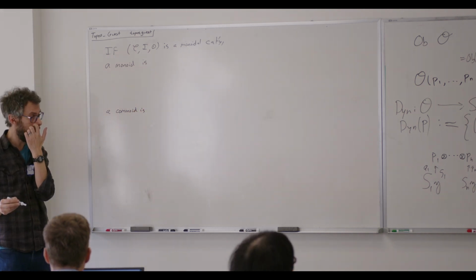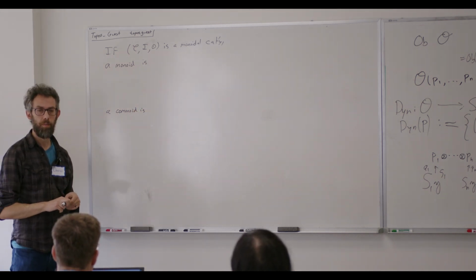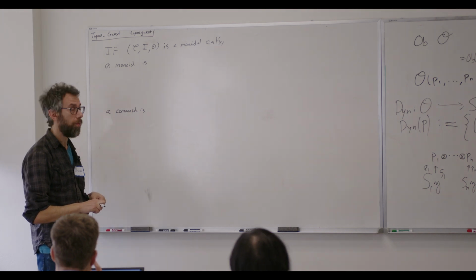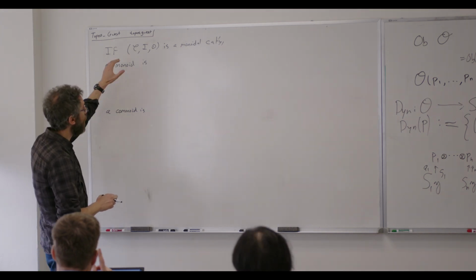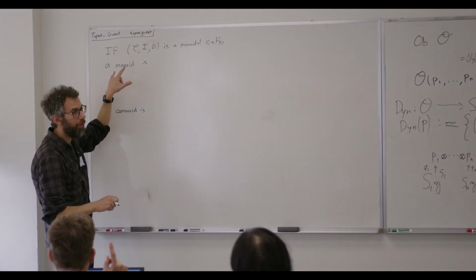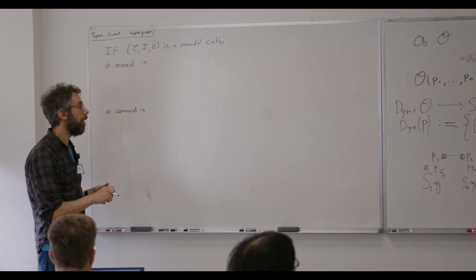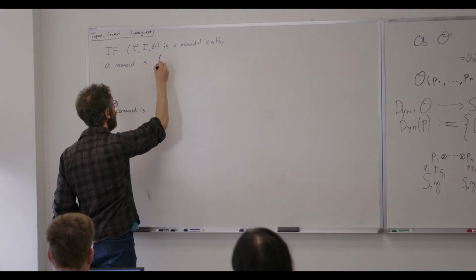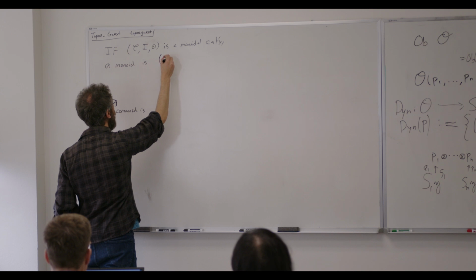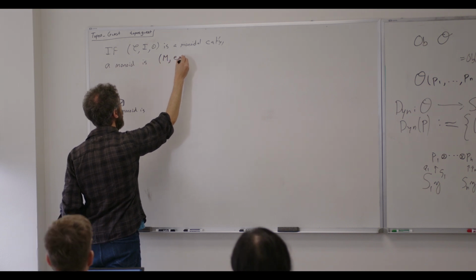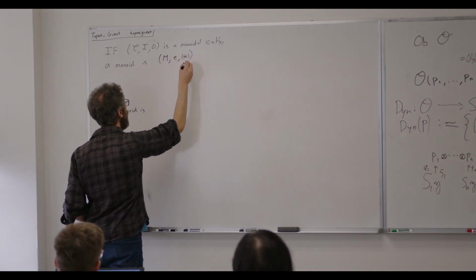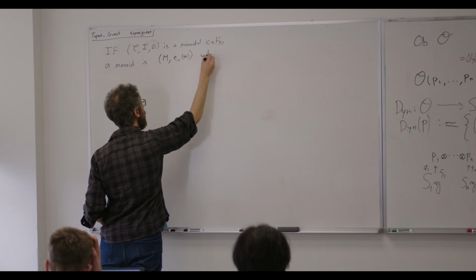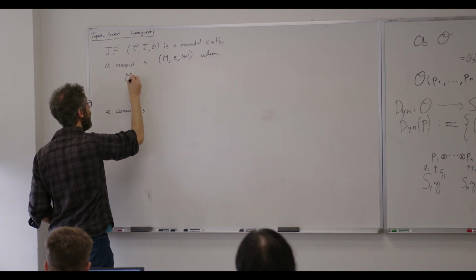The people who were here day 0, we talked about it. If you have a monoidal category, you can talk about a monoid in or with respect to it. And what it is, it's a triple. Let's call it M, E, star, where M is an object of C.